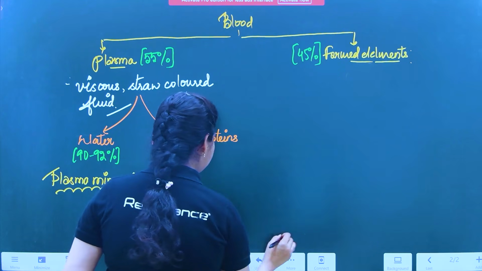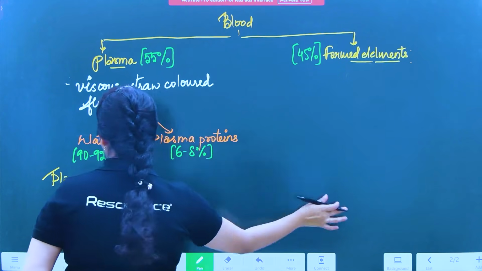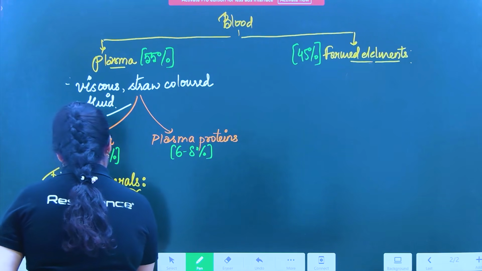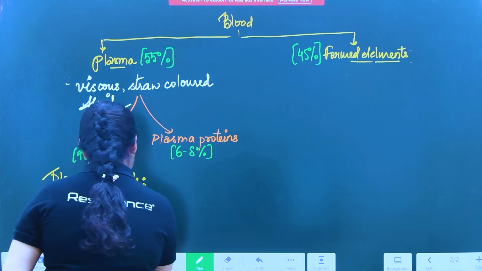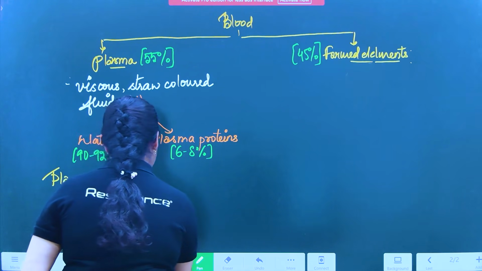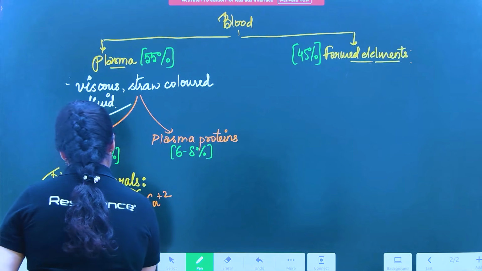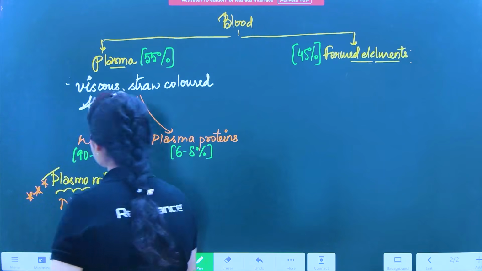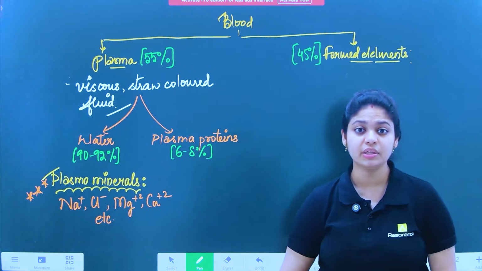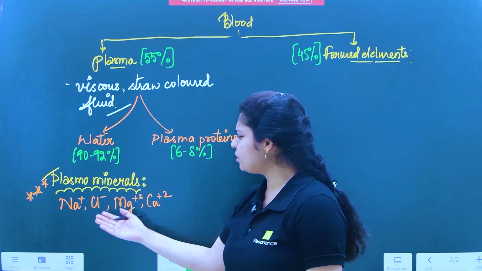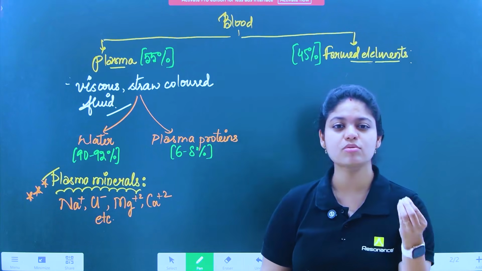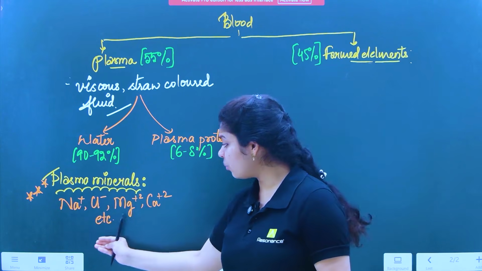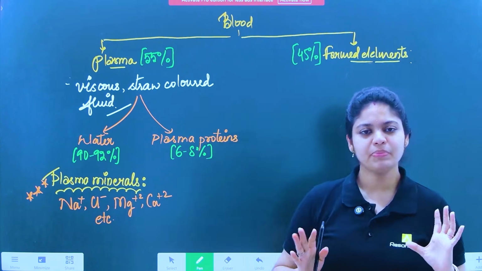Na+, Cl-, Mg2+, Ca2+, etc. So there are certain ions or electrolytes present in the plasma: sodium, chlorine, magnesium, calcium, etc.